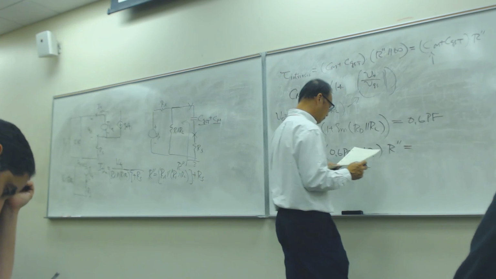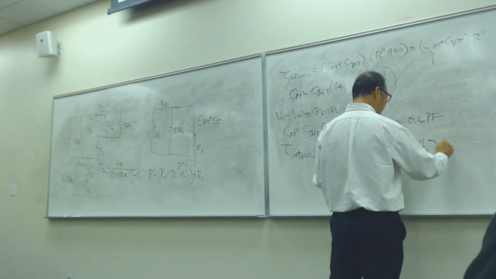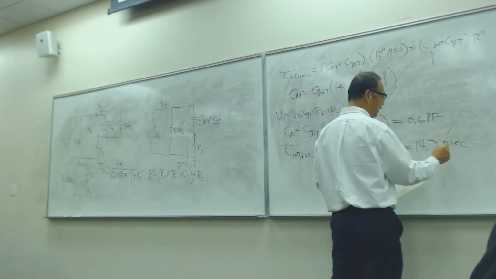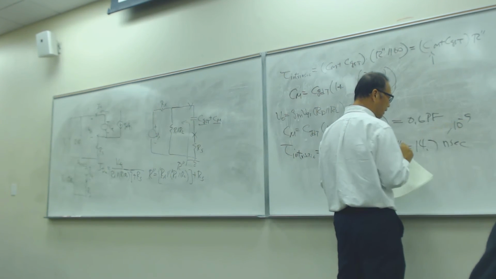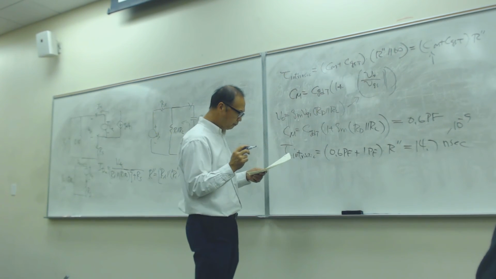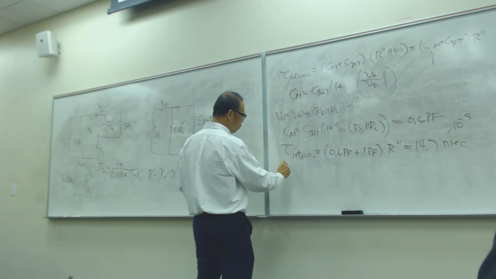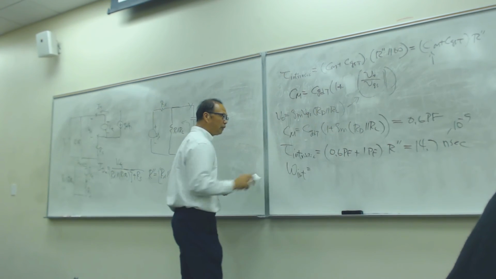And I got about 14.2 nanosecond. Nano, by the way, is 10 to the what? That's right, okay? So omega intrinsic is 1 over that.